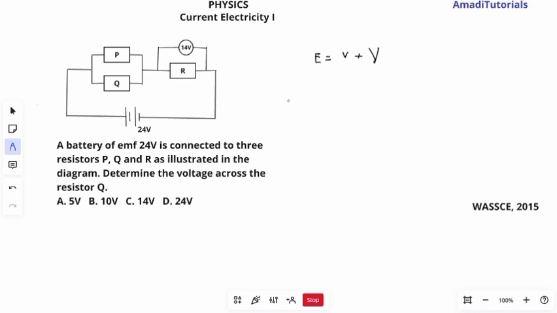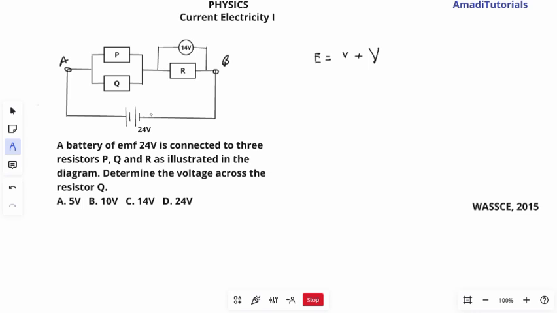So what the concept of EMF tries to say is when you have a certain voltage source like this 24 volts, it is supplying 24 volts between here and here. This 24 volts is the voltage across point A and point B. If you measure that with your instrument, it will give you that.